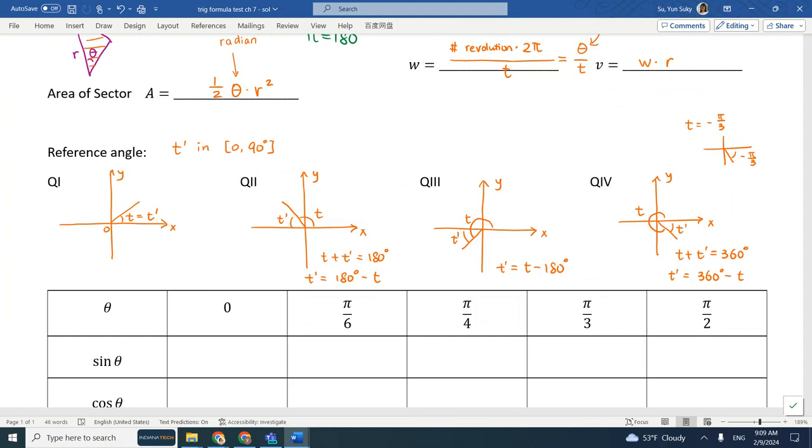Yes, everybody, you go clockwise. So which means this angle is pi over 3. Okay, so the negative just means it goes clockwise. So in this case, the reference angle is pi over 3. And you don't use 2 pi minus the t. Is that okay, everybody?